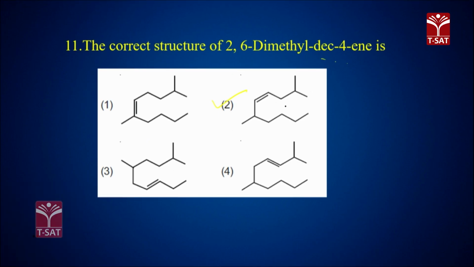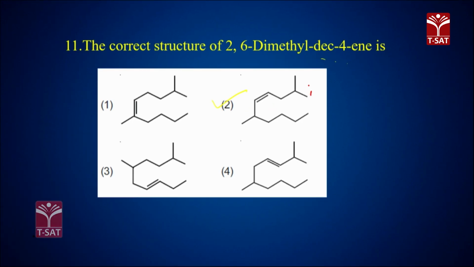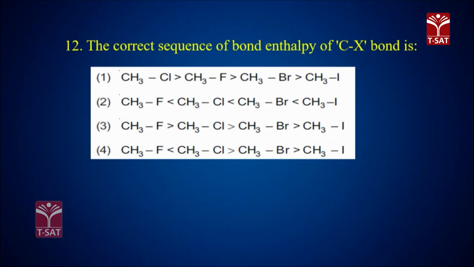I will be writing with a red pen: 1, 2, 3, 4, 5, 6, 7, 8, 9, 10. 10 carbons, so dec. 4-ene: at the 4th place there is a double bond, ene. A methyl is there at 2, and at 6 also a methyl is there. 2,6 dimethyl.